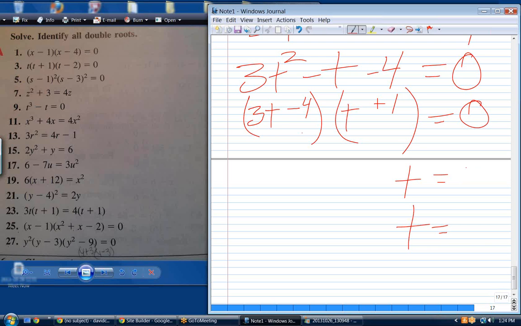Well, T would equal -1, and then, solving this, it'd be 4/3. Move the 4 to the other side and divide both sides by 3. Okay?